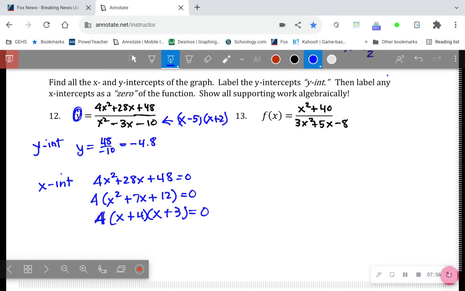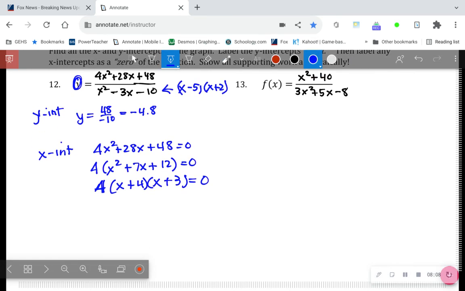And when you do that, you're looking for a common factor here and here, and nothing cancels off. So these are actually both zeros, and they are specifically x equals -4 and x equals -3. Those are your zeros. And this right here is your y-intercept.